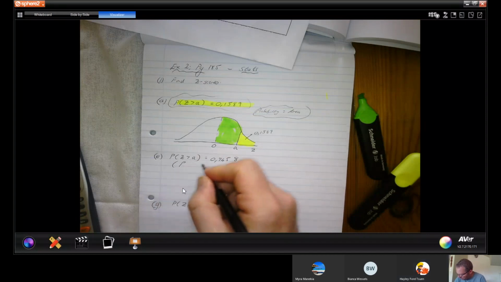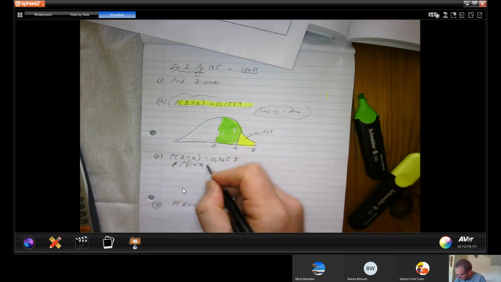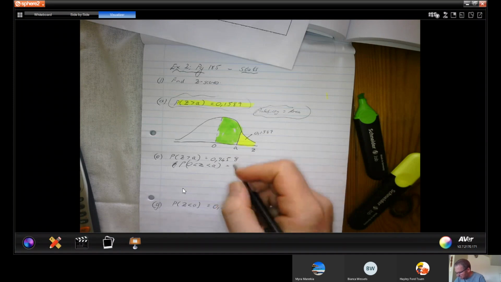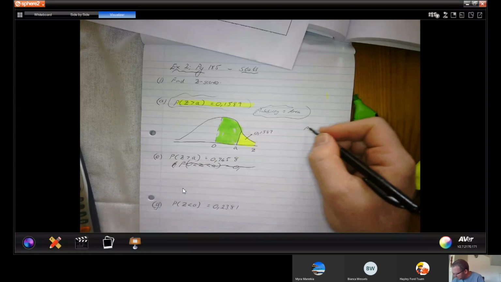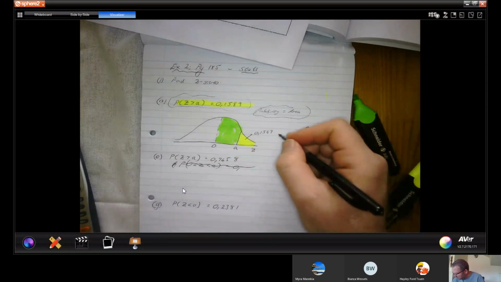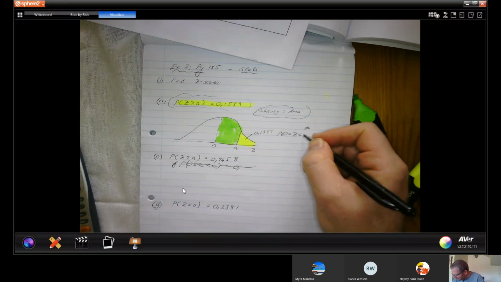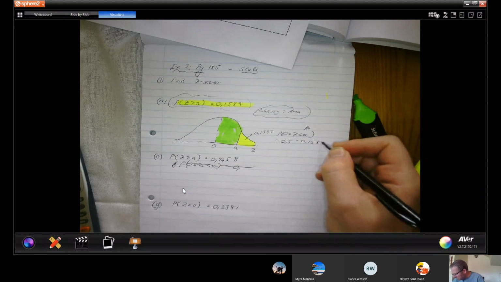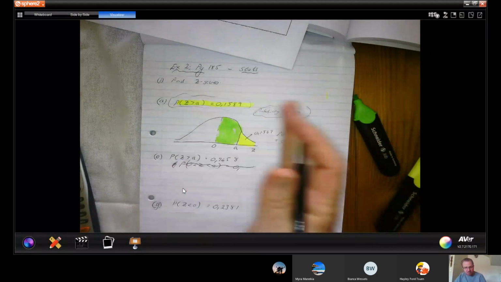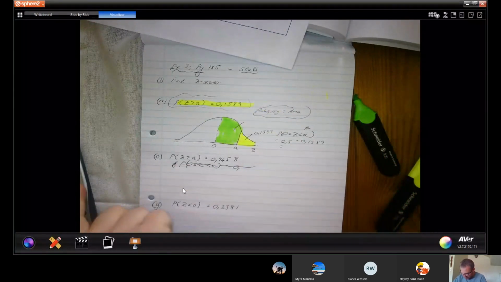Okay, excellent. So therefore, the probability that z is bigger than 0 and less than a is going to be equal to 0.5 minus 0.1589, because that whole area to the right of the mean is 0.5.